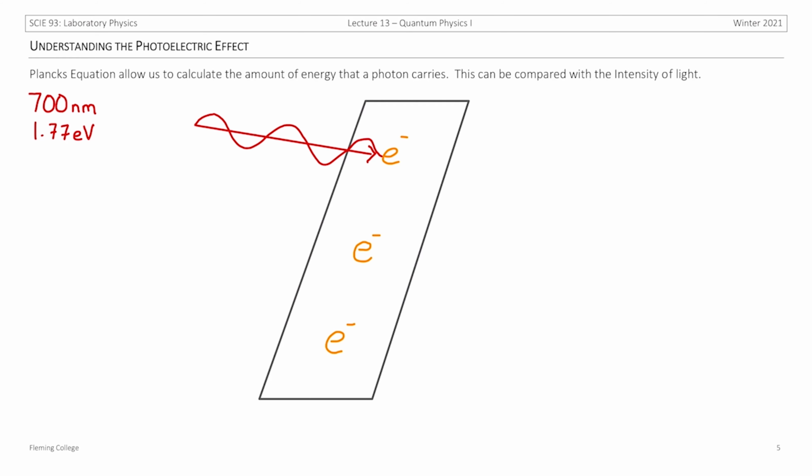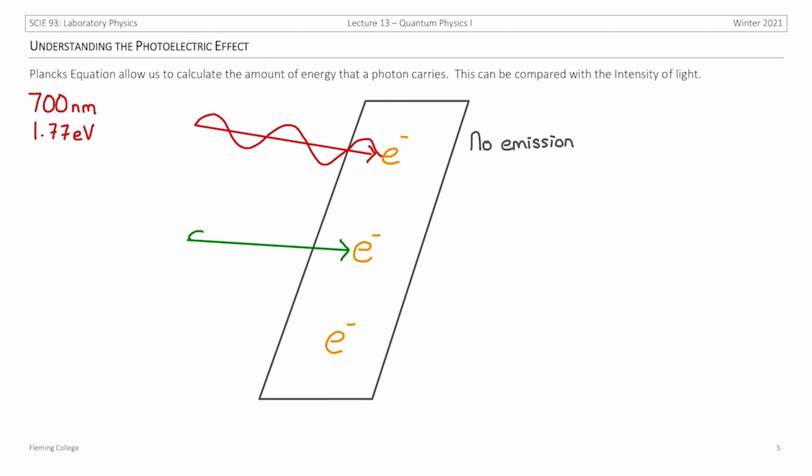And no matter what intensity, so what brightness, we shine that light on the surface, we see no emission. And no matter how long we leave it shining on that surface, again, we still see no emitted photoelectron. Which is odd. We would think that we are constantly sending energy at the surface. Eventually, we should, in a classical sense, energize an electron enough to jump off the material.